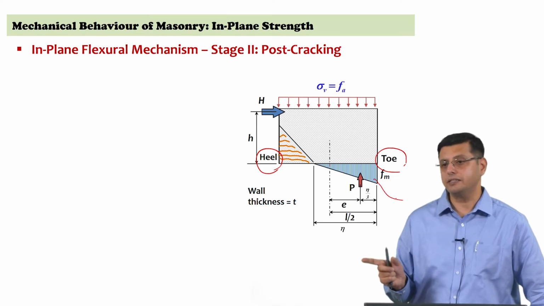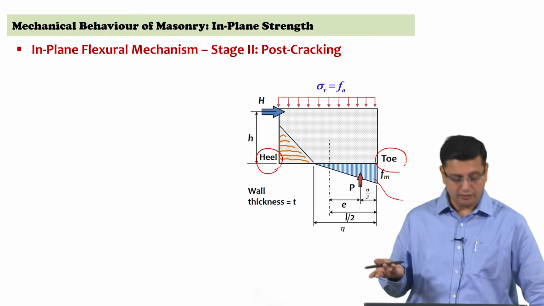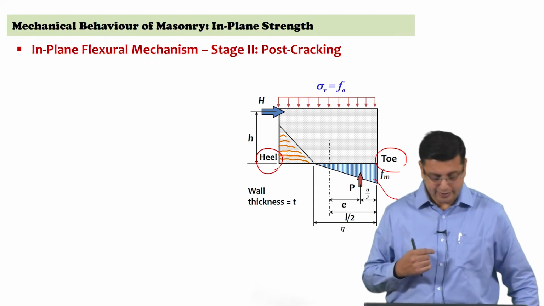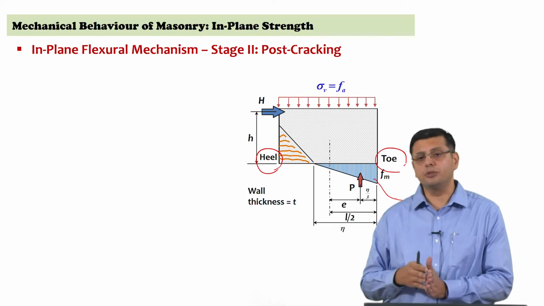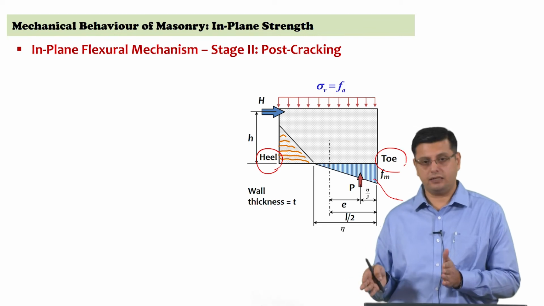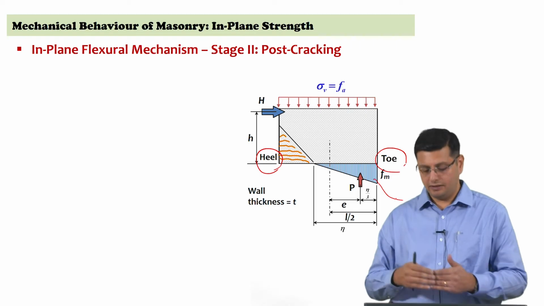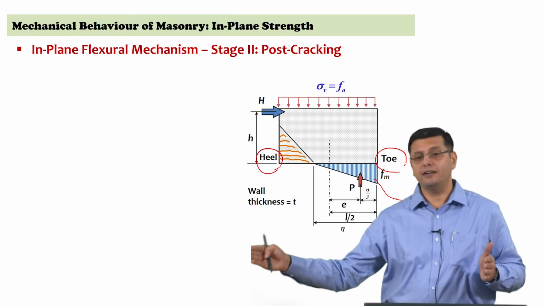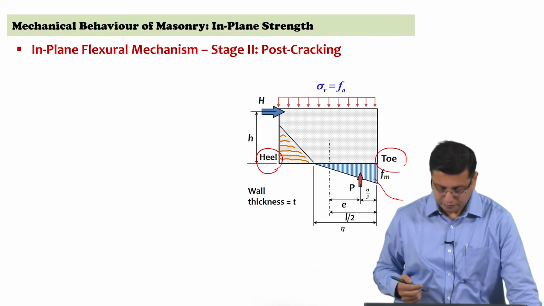That is what is equilibrating the combination of H and the axial load, the superimposed load and the self weight of the wall. However, what you see here is that the distribution of stresses is still considered to be linear elastic. Okay. So, we are in the post cracking phase, but still linear elastic. The inelasticity that we have assumed is cracking and neglecting the area of cross section in tension itself.